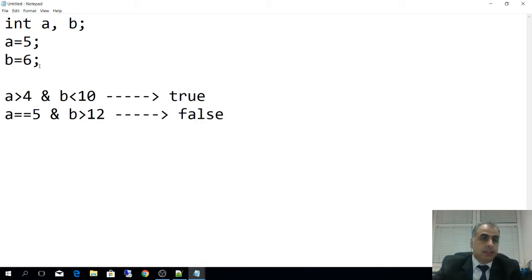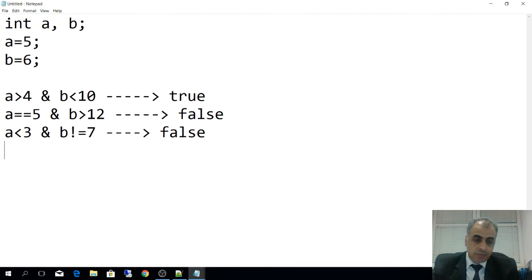And the next, A is less than 3, and B is not equal to 7. So what is the result? Here A is less than 3 is false, and B is not equal to 7 is true. False and true, the result is false, because if any one of them is false, the result is false.